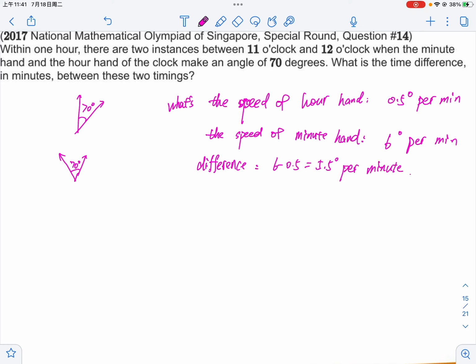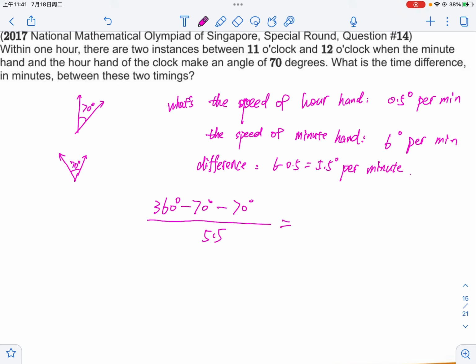Then from the first 70 degrees to the next 70 degrees, you can just calculate. We need to find the total difference between the first time and the second time and divide by the difference of the speed. Then we can calculate the time difference. So first, let's calculate the degrees difference. It will be 360 degrees minus 70 degrees, then minus 70 degrees, and divide by 5.5.